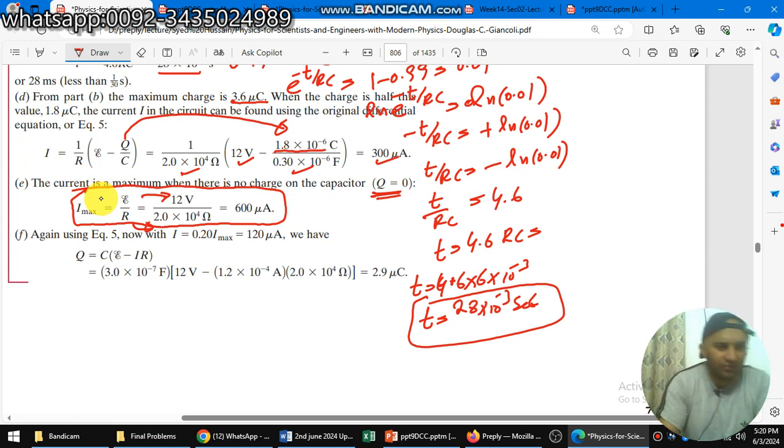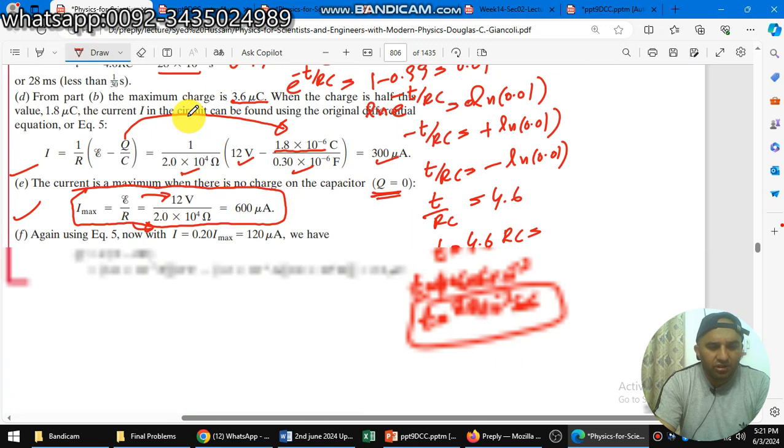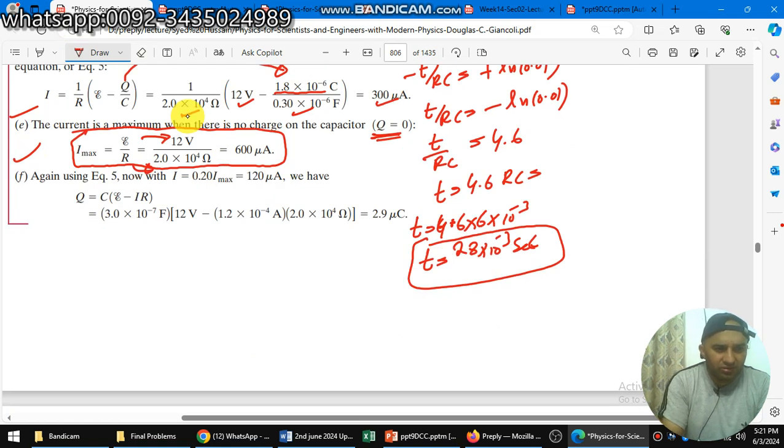Or E over R. So for the part F, we need the charge Q when the total current I is 0.20 of its maximum value. So I is equal to 0.20 times I maximum.